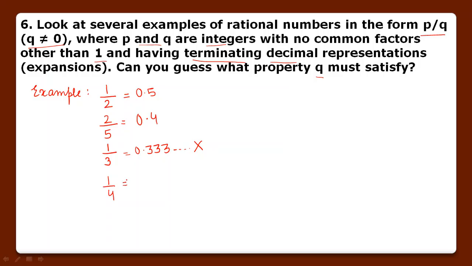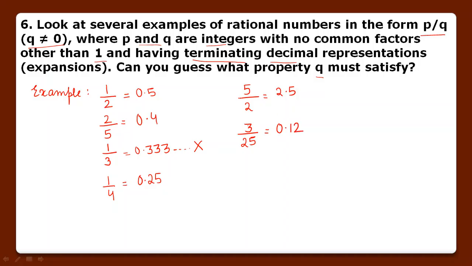When we divide, we'll get 0.25. So it is terminating. We can take one more example like 5 upon 2. We'll get the answer 2.5. Or we can take an example of 3 upon 25.